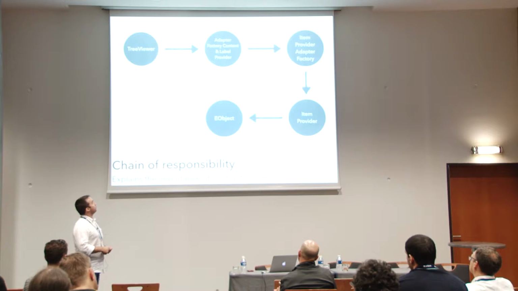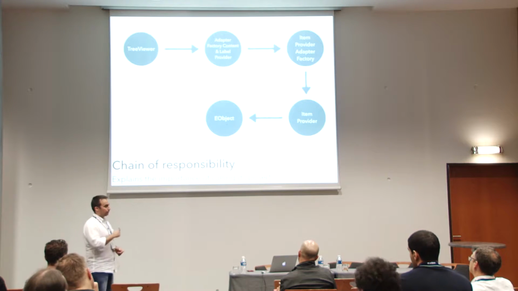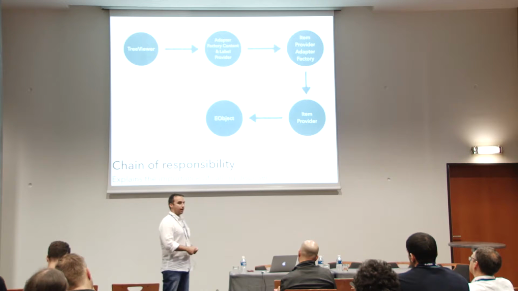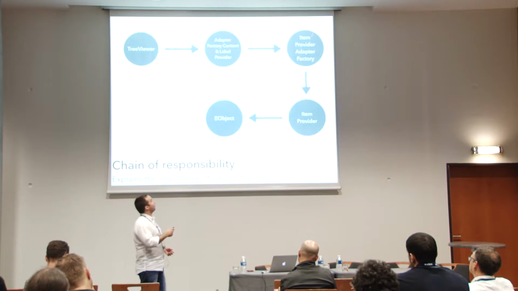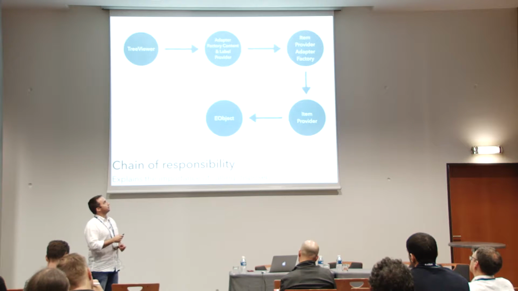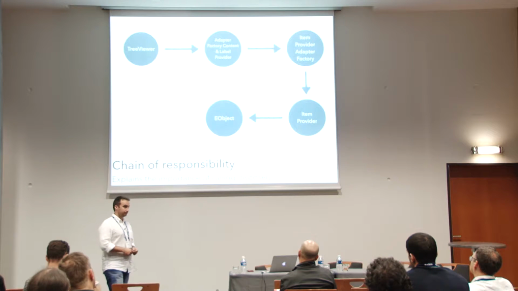So initially you set the content and label provider to the tree viewer, and those providers are calling what is generated from EMF. This class is generated from EMF. It is called ItemProviderAdapterFactory.